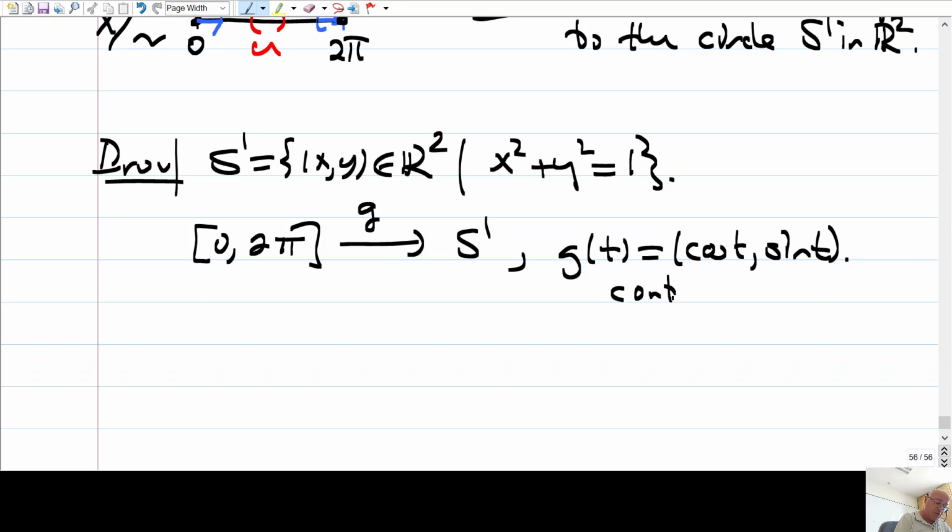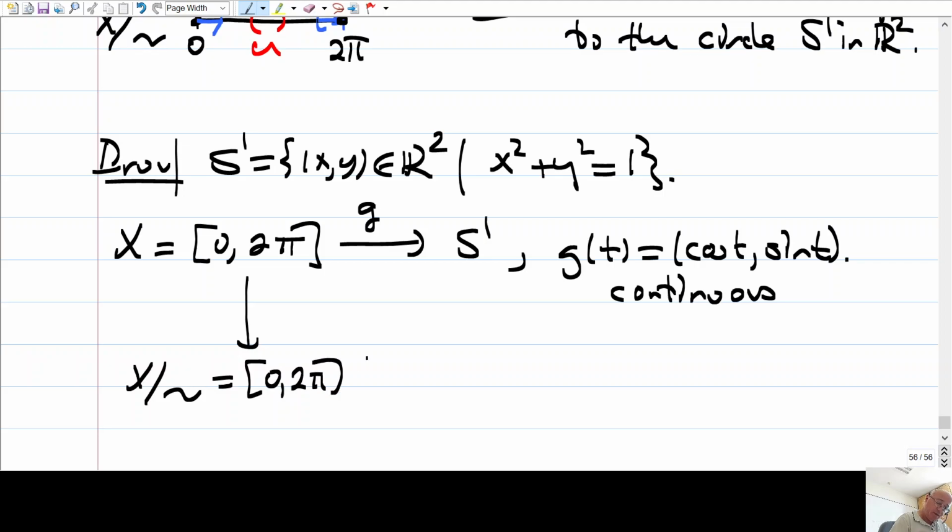This is just sine and cosine, so it is continuous. And here I have my X over tilde. So what is this? It is the interval [0, 2π] where the points 0 and 2π are identified.